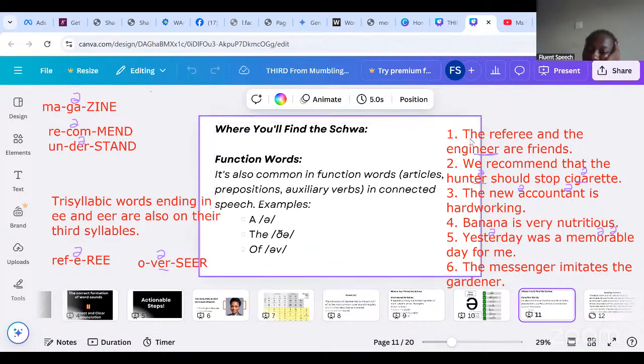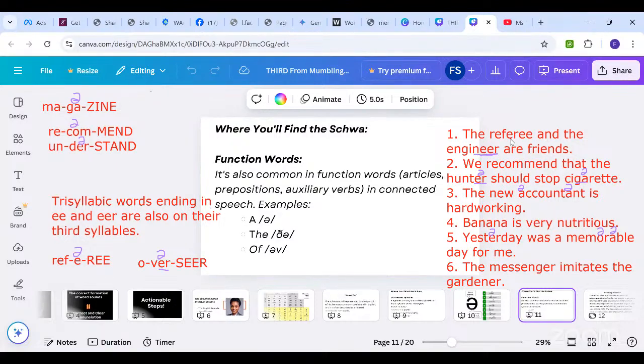Like in the first sentence I gave, we have the article the. We have a pronoun are. We have the conjunction and. So if I come to you and I just say referee, engineer, friends, even though you don't have a clear understanding of what I'm saying, you would have an idea that I'm talking about a referee and an engineer and then friends.